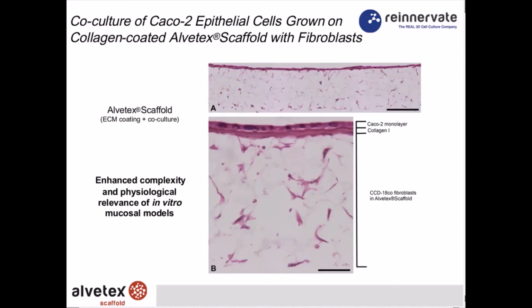So you can, first of all, culture inside the Alvetex fibroblasts, have a gel on the surface mimicking the basement membrane, and then on the surface of that have the epithelial cells. And then you've created a mucosal-like structure in vitro. So what this means is that you've got now more enhanced complexity and physiological relevance.